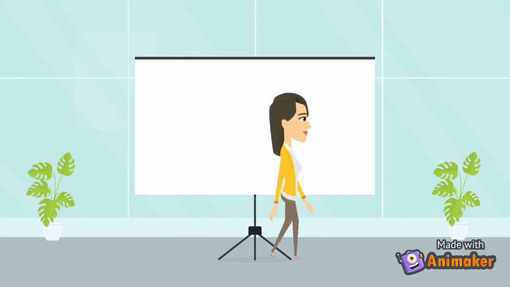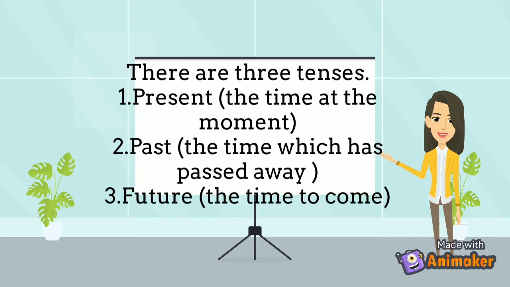Now, there are three types of tenses: present, the time at the moment, the current time or right now; past, the time which has gone or the time which has passed away; and future, the time that has to come yet. Now, these three are the types of tenses: present, past, and future.